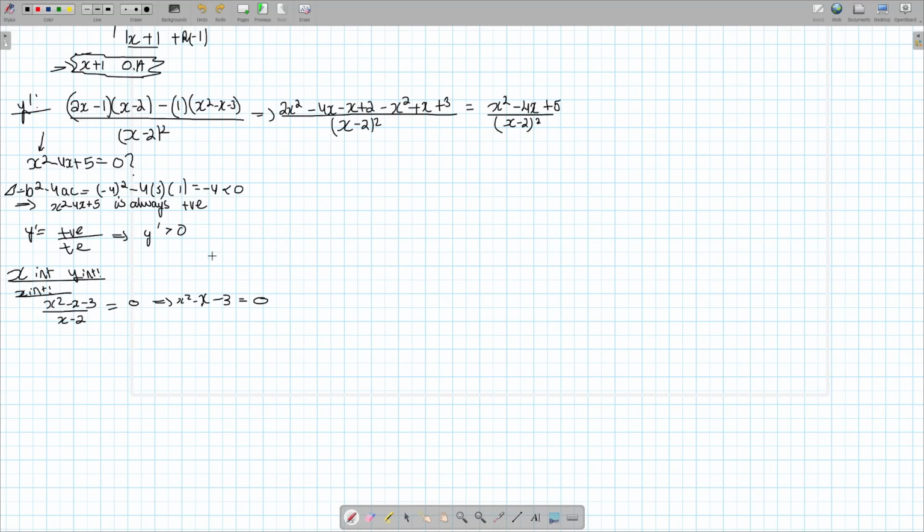But x squared minus x minus 3 equals 0. You use the quadratic formula: minus b plus minus root b squared minus 4ac over 2a. b squared minus 4ac would be minus 1 squared minus 4 times 1 times minus 3. You get 1 plus 12, which is 13. So minus minus 1 plus minus root 13 over 2, so 1 plus minus root 13 over 2.